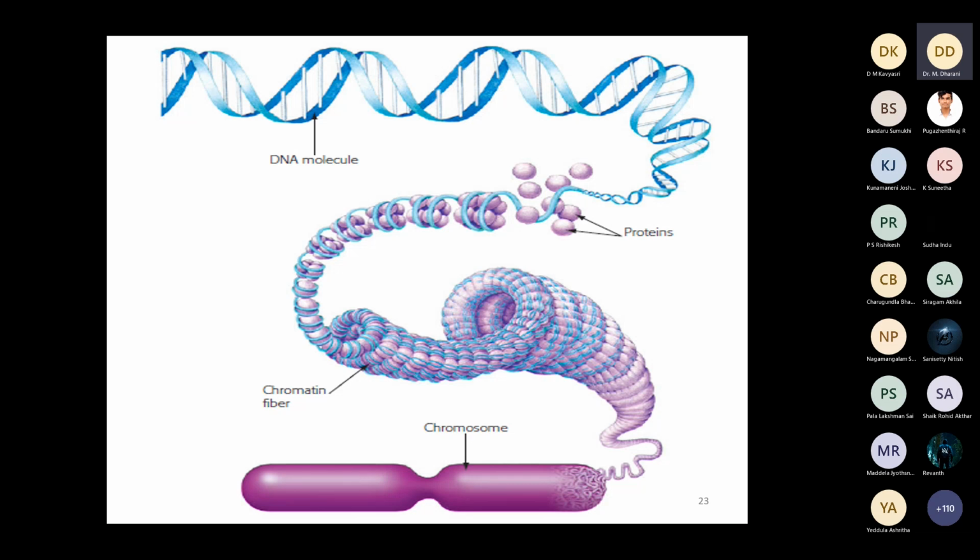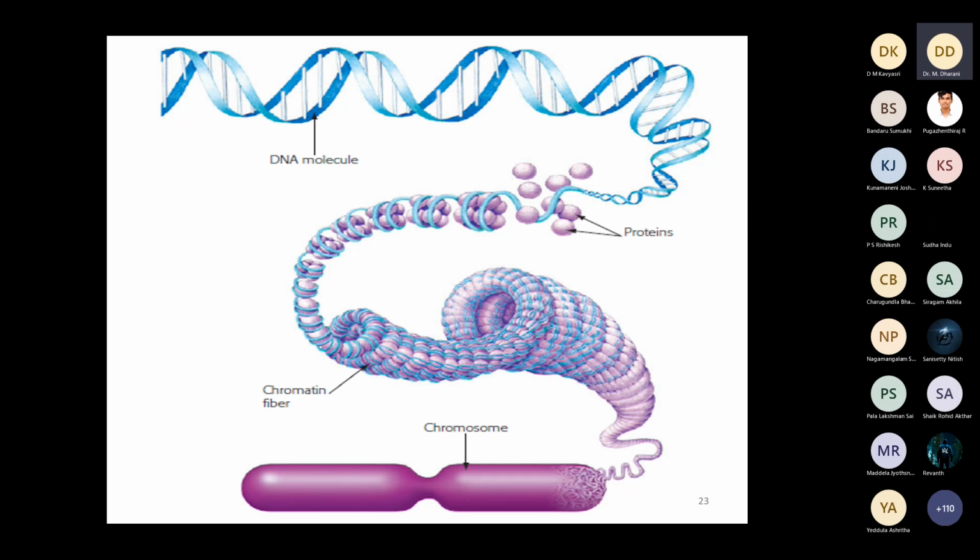See, for example, suppose the functional unit of a DNA molecule, or else this complete strand, contains the information, and using that information, if you're able to convert it into a protein, then that particular functional unit is what is called a gene. I can call this also a gene.